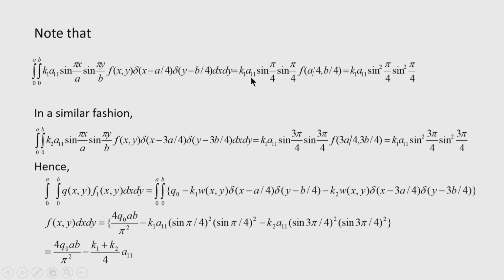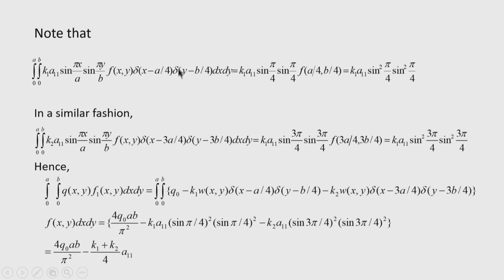It is k 1 a 1 1 sin pi by 4 sin pi by 4, because x has to be substituted as a by 4, so it becomes sin pi by 4, and y is also b by 4, so it is again sin pi by 4. Similarly, the other function will also be calculated with the quantities 3 a by 4 and 3 b by 4. So, we get this in a similar fashion for two springs k 1 and k 2.